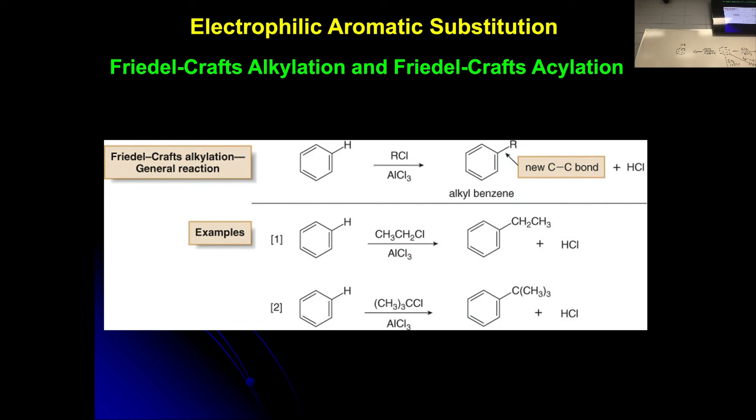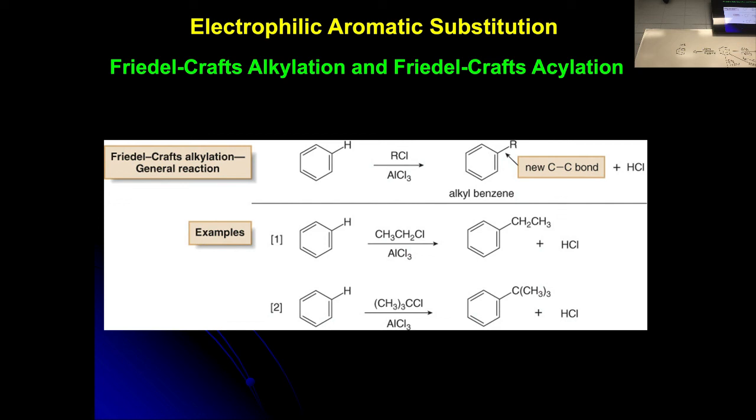The lone electron pair moves to the aluminum, so the chlorine becomes positively charged. Now what happens? The carbon-chlorine bond breaks, and I get a tertiary carbocation plus AlCl4 minus.